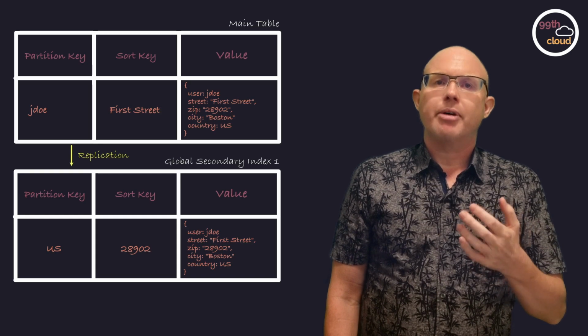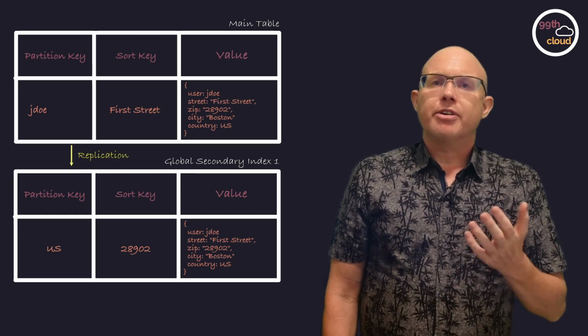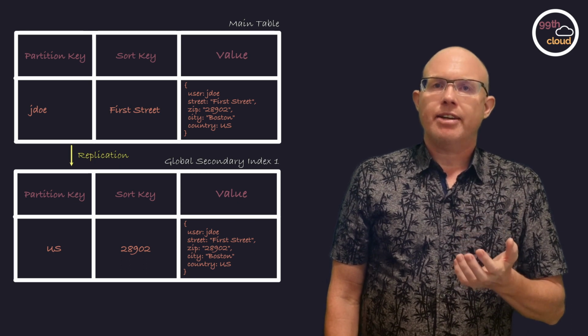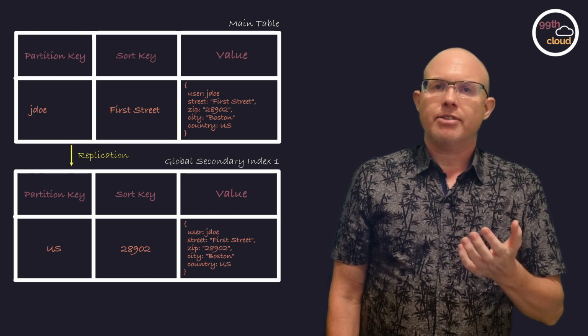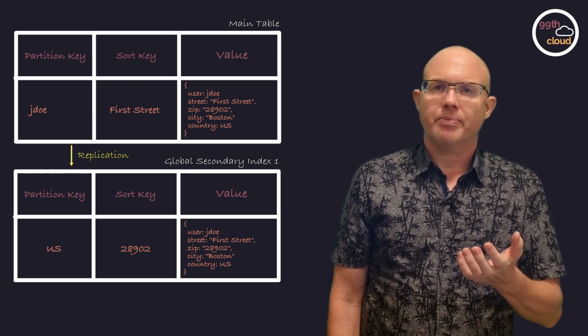But what if you wanted to change both the partition key and the sort key? For example, let's assume we want to find customer records by country and narrow them down by zip code. For this, we can create a global secondary index that uses the country as the partition key and the zip code as the sort key.